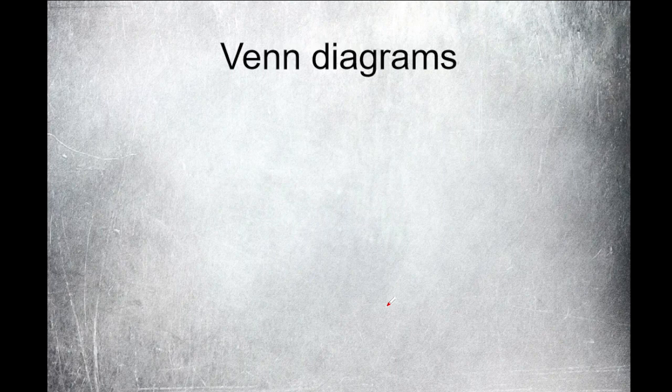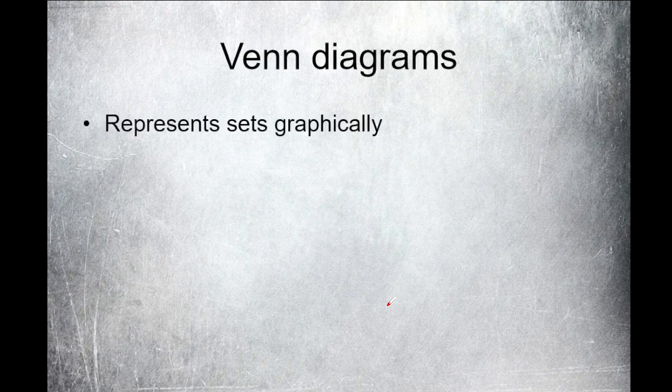Now, to represent these different sets and to understand the idea, a Venn diagram can be used. What is a Venn diagram? A Venn diagram is a graphical representation, so the set can be represented in a graphical way.